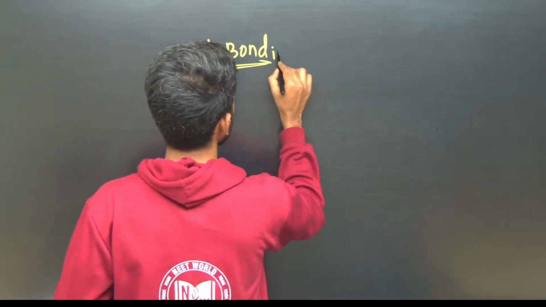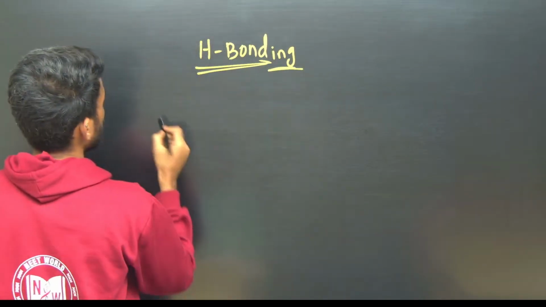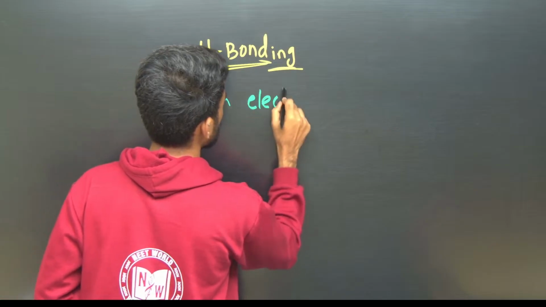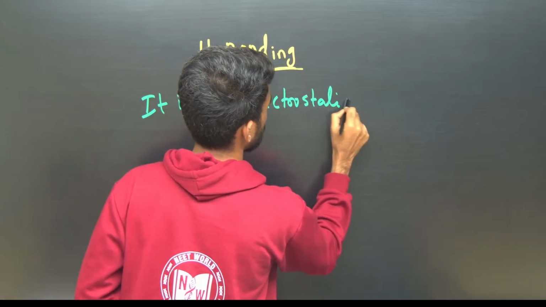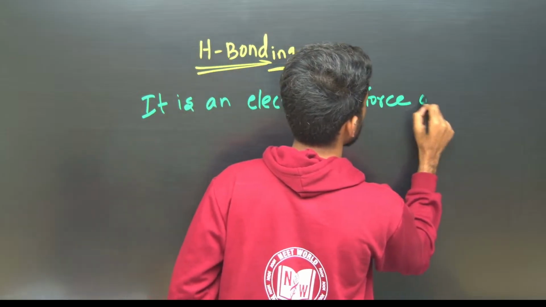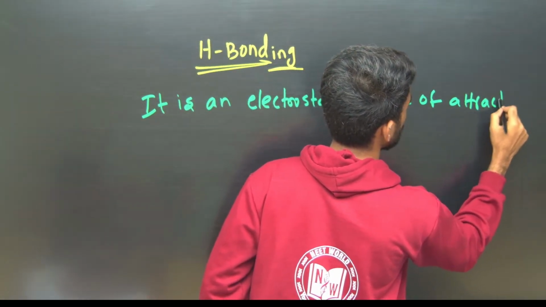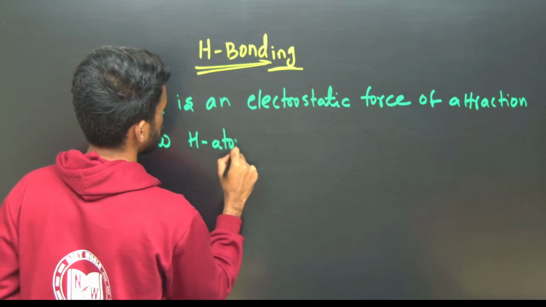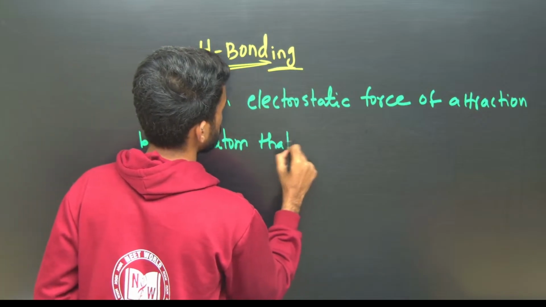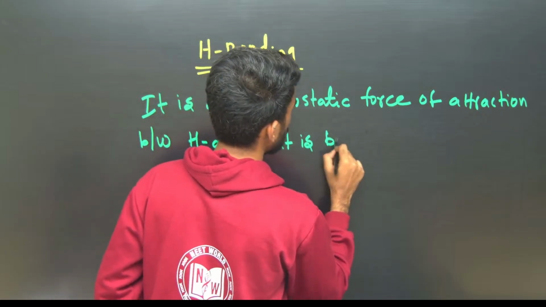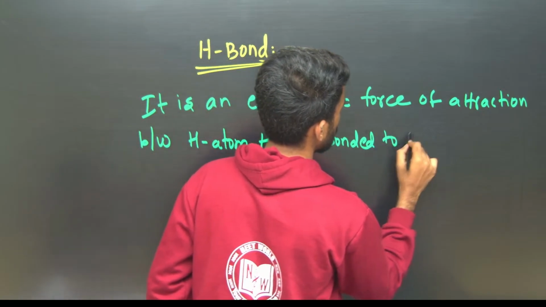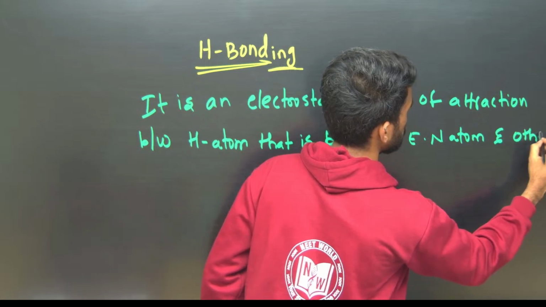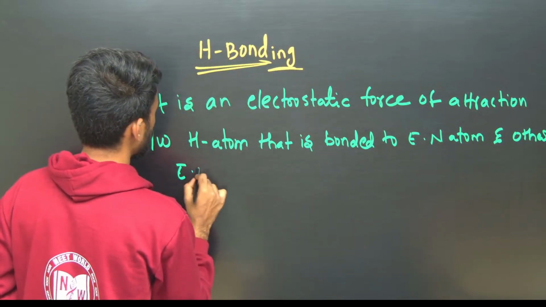Hydrogen bonding. So what exactly does hydrogen bonding mean? It is an electrostatic force of attraction between a hydrogen atom that is bonded to an electronegative atom and another electronegative atom.